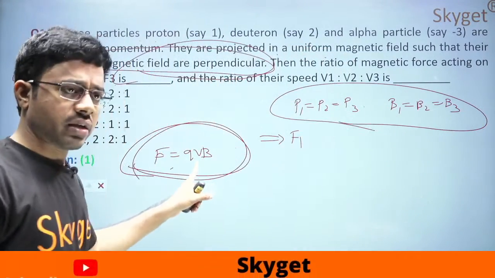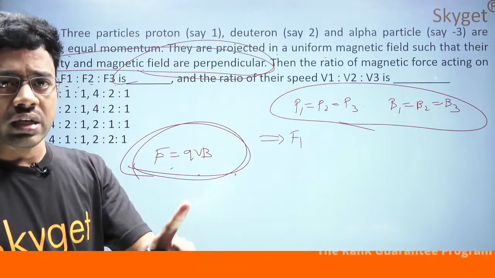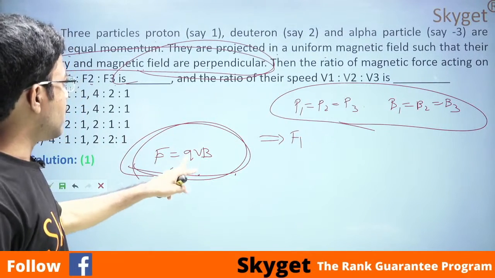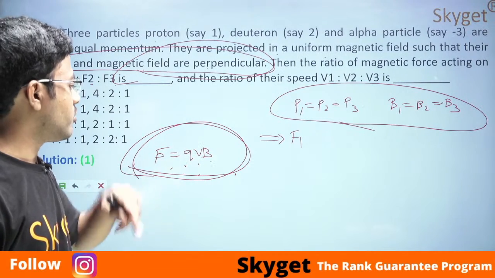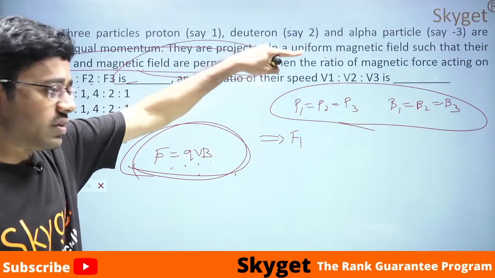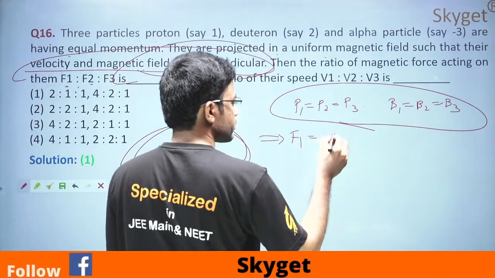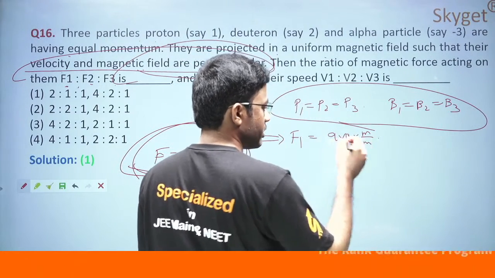But is there any other relation for linear momentum? Because to solve any equation there should be only one unknown. If you have two unknowns you can't solve the equation. Here the charges are known, but you don't have the velocities, and you have uniform magnetic fields. With this, how can you find the force? Because he has given the linear momentum as constant. So for example, q v B into m by m, make it like this.